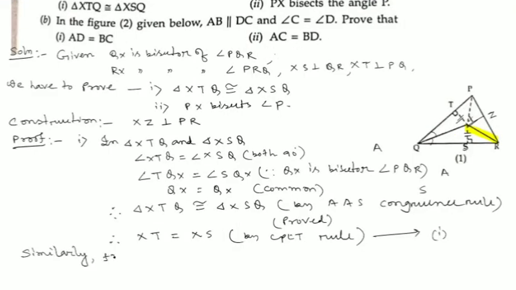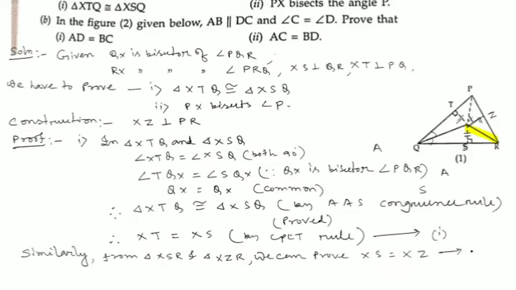Similarly, from triangle XSR and triangle XZR, we can prove XS is equal to XZ.